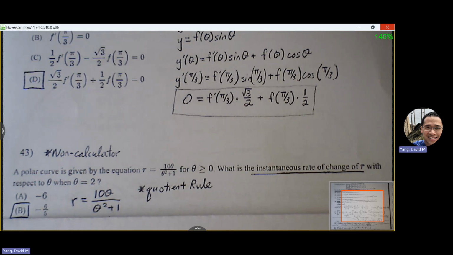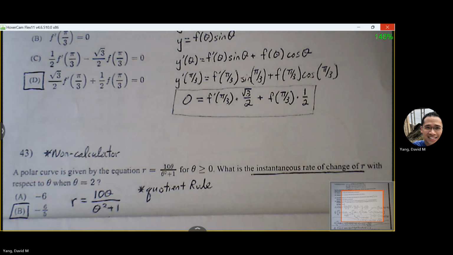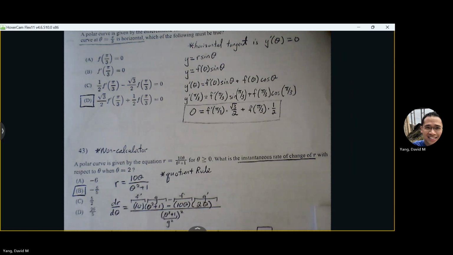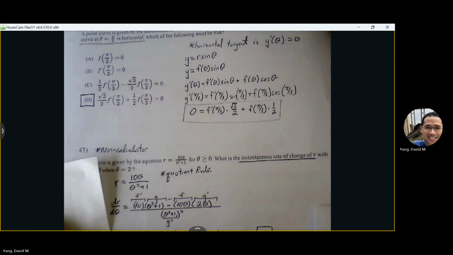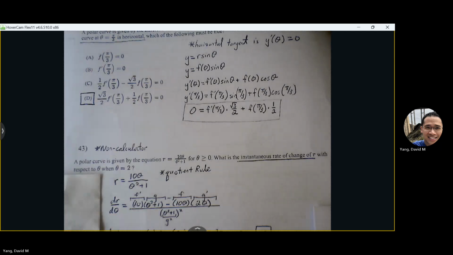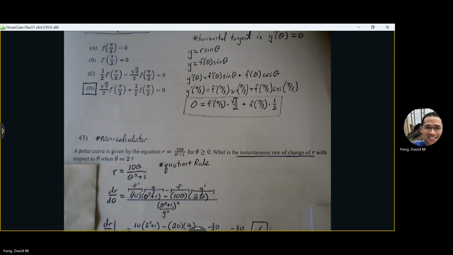So let's find dr over d theta. Once you find your dr d theta, replace every theta with 2.